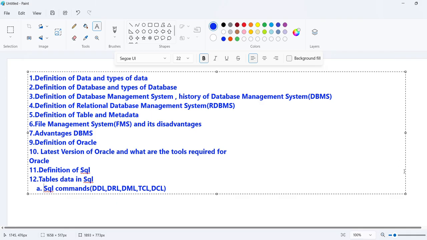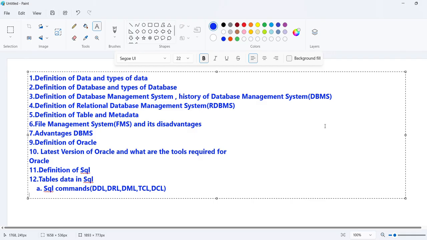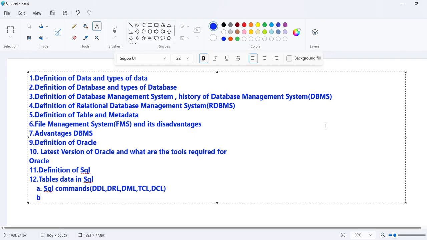Then we will discuss built-in functions in SQL.